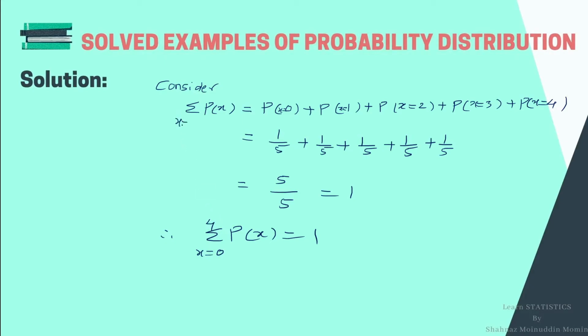Here the range of x is 0, 1, 2, 3, 4. Hence, the second condition of probability mass function is satisfied. Therefore, the given function is a PMF.